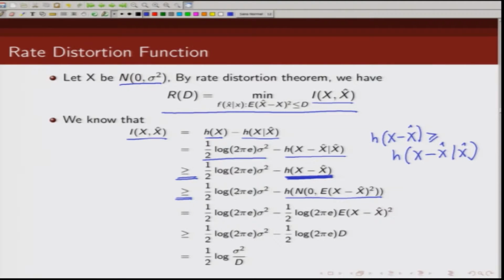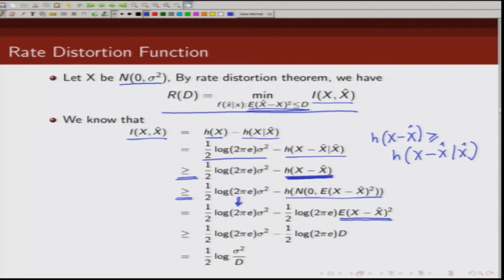Now, this is the same as this, and we know what the differential entropy of a Gaussian source is. So, that is given by half log 2 pi e times the variance, which is the expected value of X minus X hat whole square, that is this term. And what is this term?